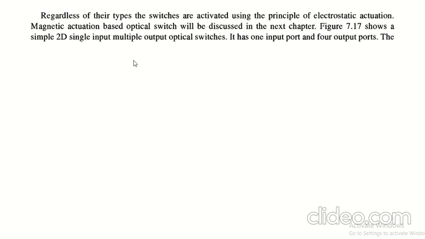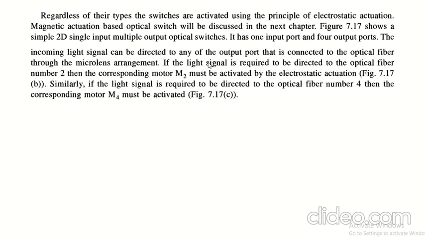The figure shows a simple 2D single input multiple output optical switch. It has one input port and four output ports. The incoming light signal can be directed to any of the output ports that is connected to an optical fiber through the microlens arrangement.